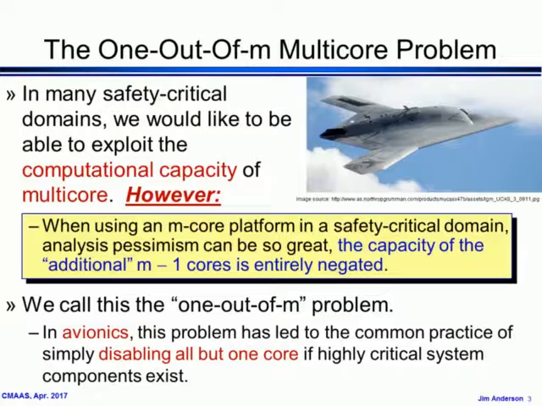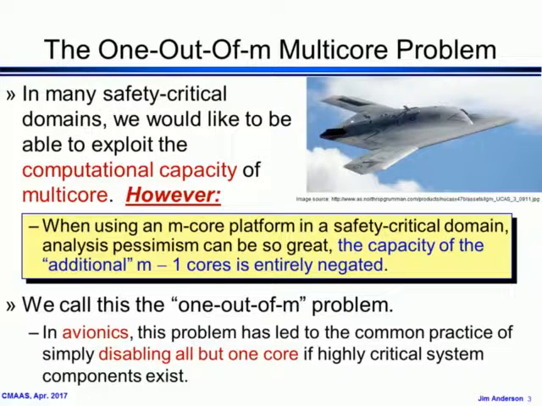And it's the problem where the capacity loss can get so out of hand that you negate the processing capacity of all those additional cores that I gave you. So I give you M cores worth of capacity, and you get about 1 core's worth of bang out of that buck. That's the 1 out of M problem. And again, it's a problem about capacity loss.